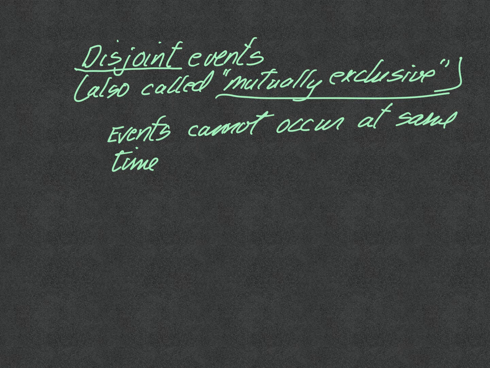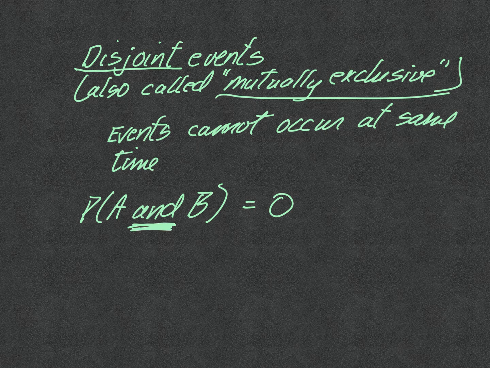If something is disjoint, then the probability of A and B is equal to 0. Because it can't occur at the same time, and the word and means at the same time. And so if these events cannot occur at the same time, the probability of them occurring at the same time is 0.